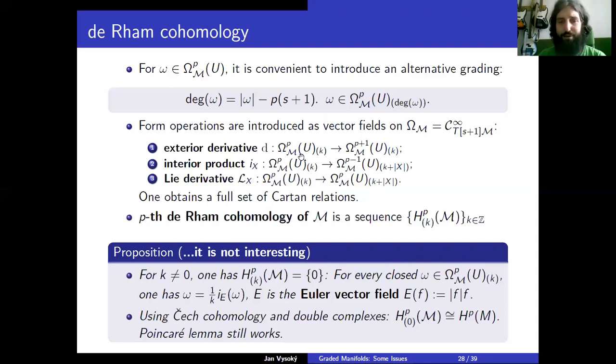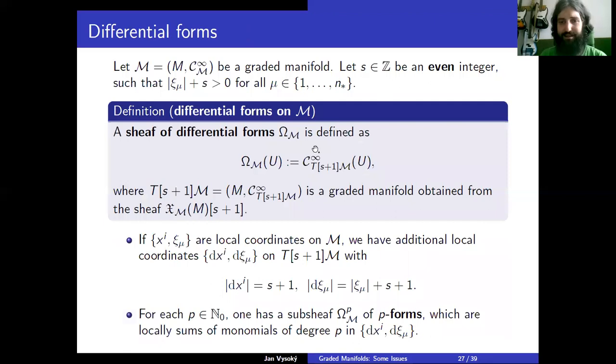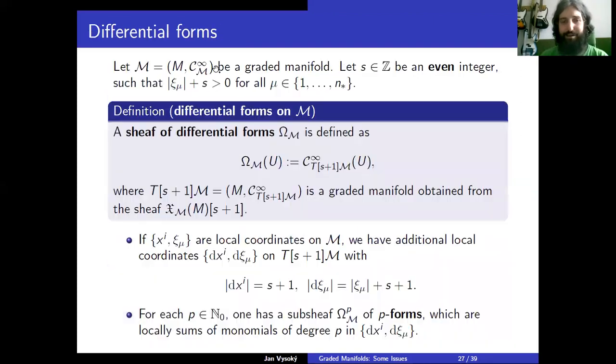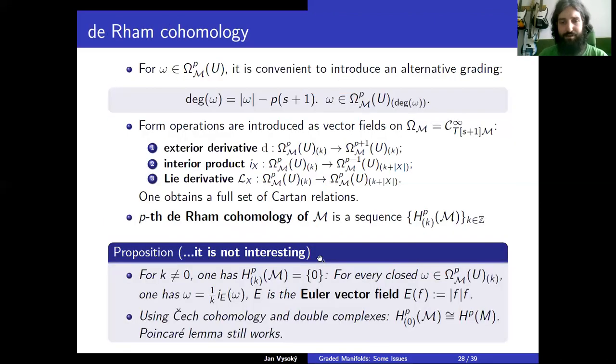And there is also no s, this even integer, appearing in any of the Cartan relations because it's even. So in any sign rules, there is no s appearing. You can always make it go away. So this s is important only for the construction of the graded manifold, but not for the forms themselves. It's not really important.